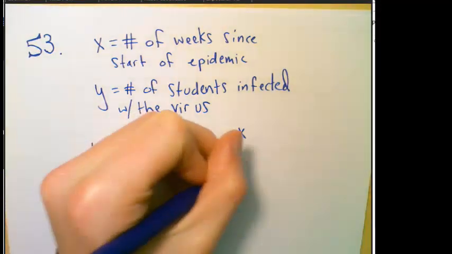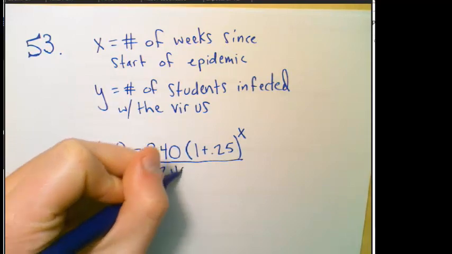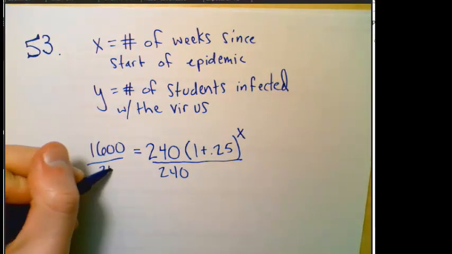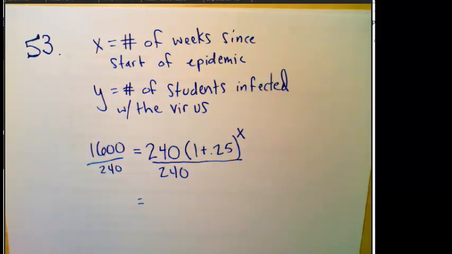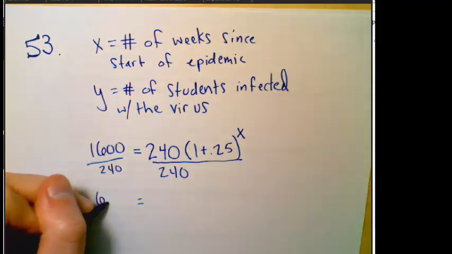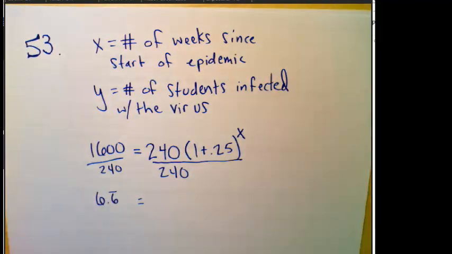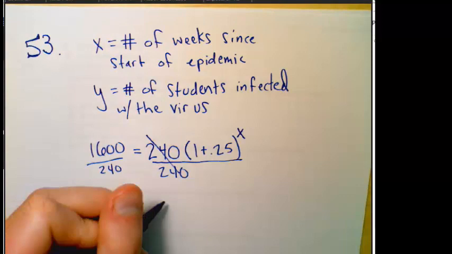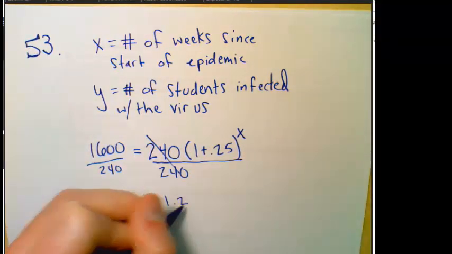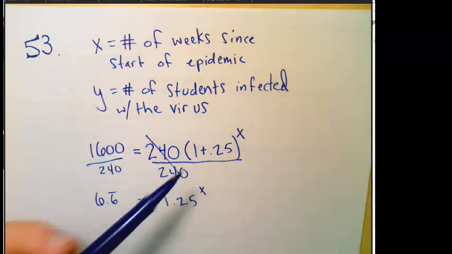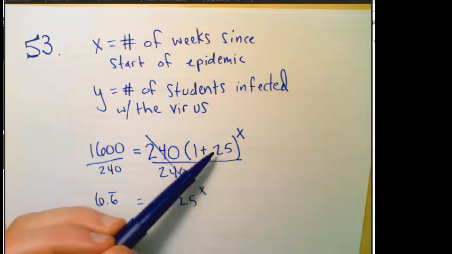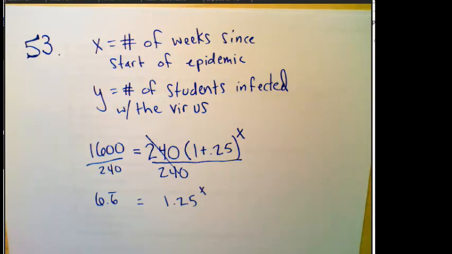The first thing we're going to do is divide both sides by 240. 1,600 divided by 240 is 6.6 repeating. 6.6 repeating is equal to 1.25 to the x power. Notice that I just simplified 1 plus 0.25 as 1.25, and I just took away the parentheses.